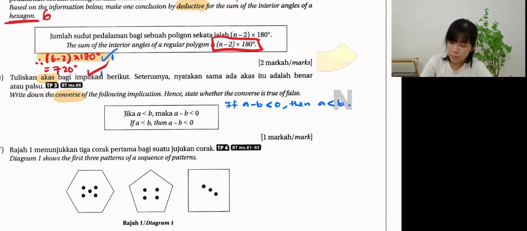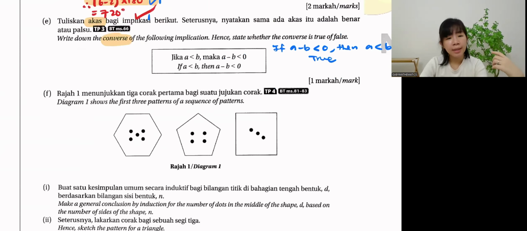True or false? What do you think? If a minus b is less than 0, the answer is negative, which means a is smaller than b. Then a is smaller than b. This is true.